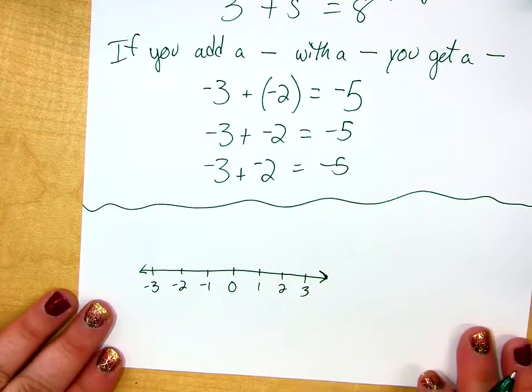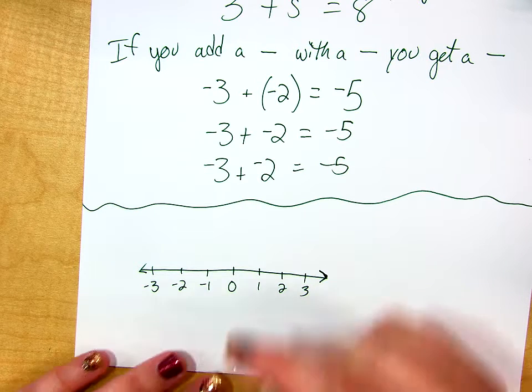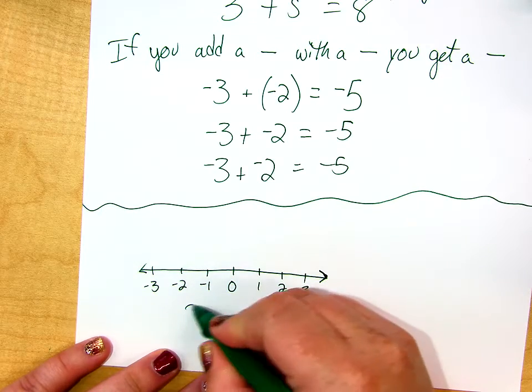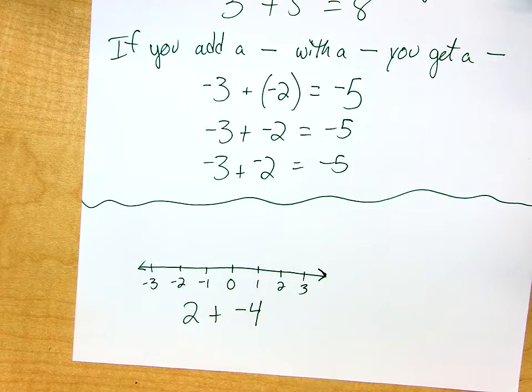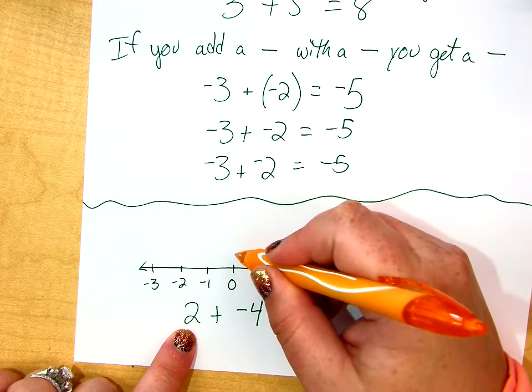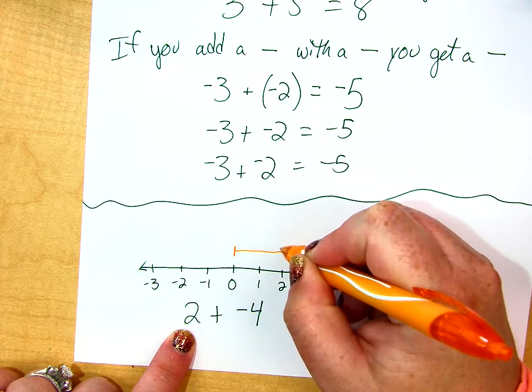Let's say I wanted to add together 2 plus -4. You can do it on a number line, right? I'm hoping that eventually you'll get to the point where you don't need to, but you always just start at 0. If I started at 0 and I go to 2, now I'm here.